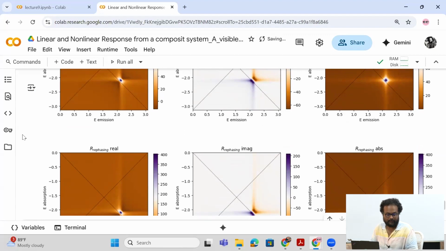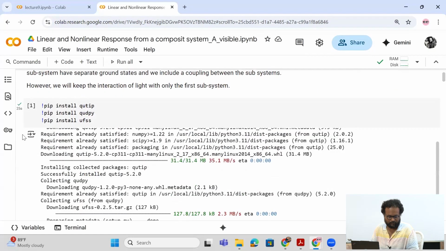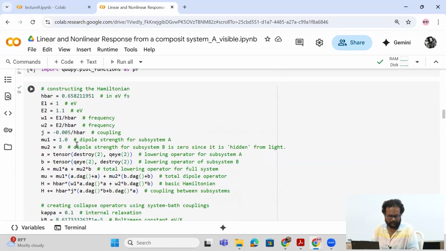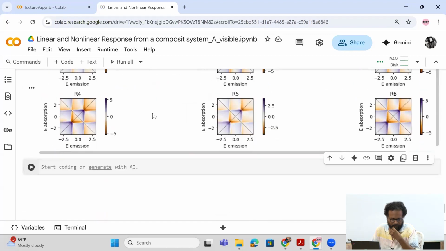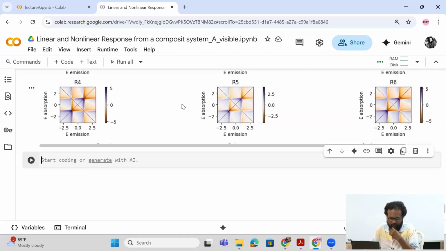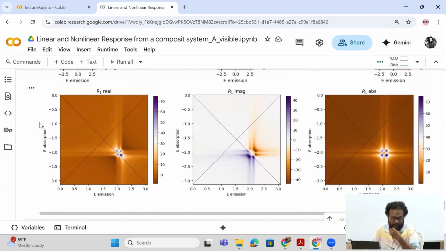Now, in this weak coupling condition, let's say I give some dipole strength to the other one. What would you expect? They're weakly coupled, but I'm putting in some dipole strength. Now you still have some cross coupling, which is interesting, which means that 0.005 is still not weak enough.